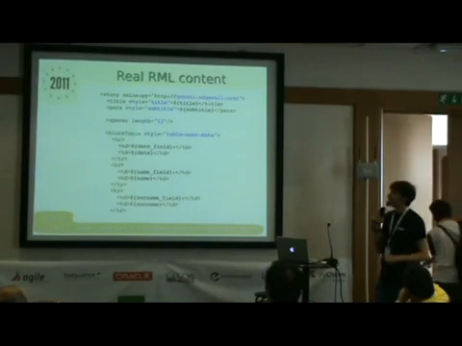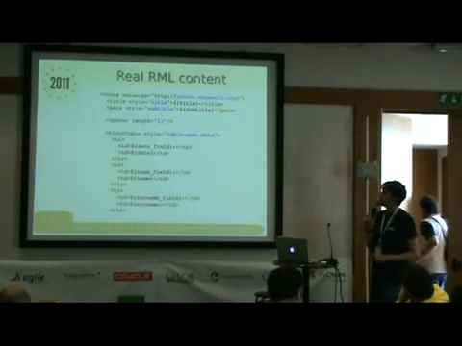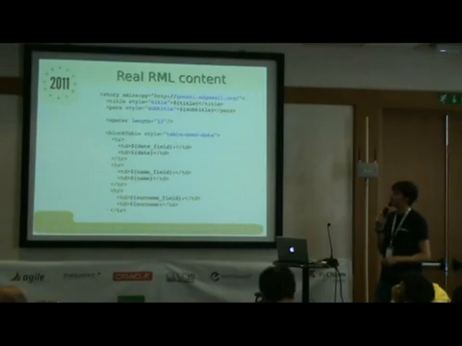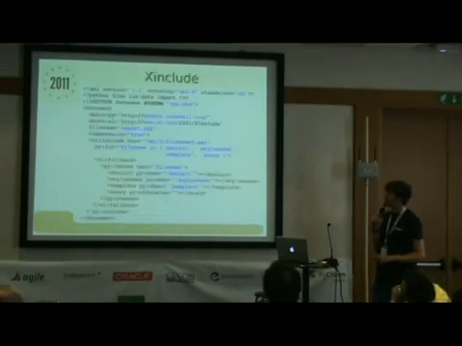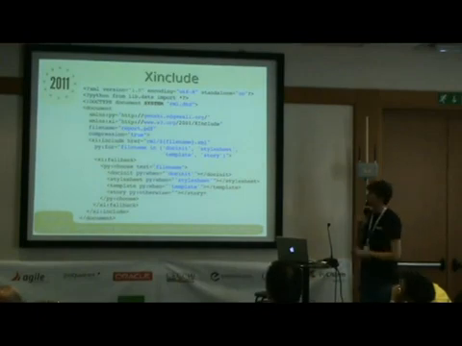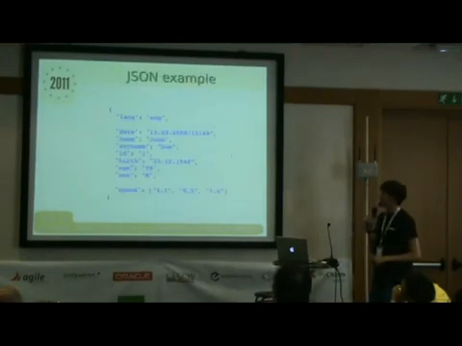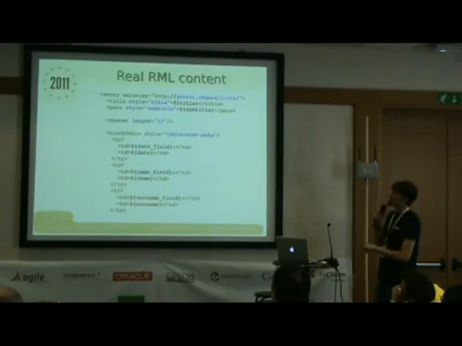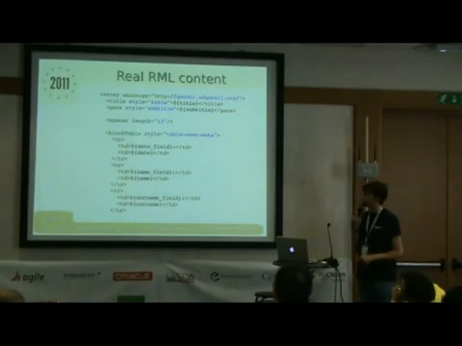This is the real RML content that is inside the story.xml, the one I load here. And you can see that there are parameters all inside the document.